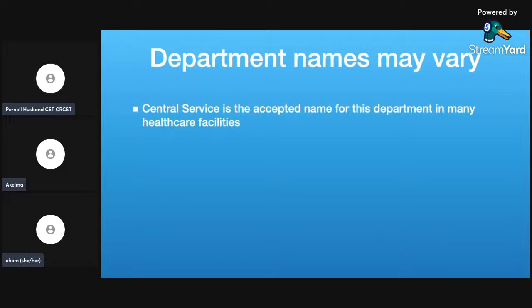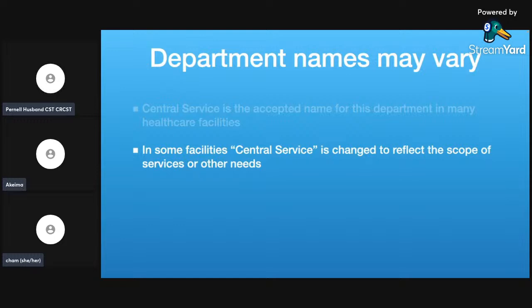But these names may vary regionally or even locally. It just sort of depends on what your specific department's focus is. We're not going to overcomplicate this. So central service is the accepted name for this department in many healthcare facilities.